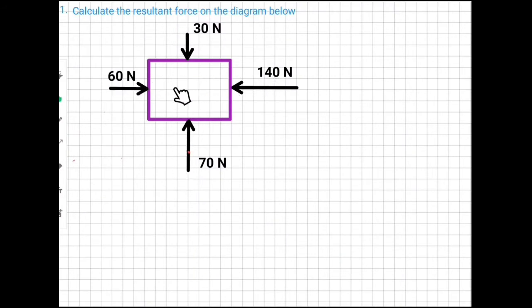So what if we calculated the sum of the forces along the horizontal, the x direction, and then the sum of the forces along the y direction? That would give us perpendicular vectors. And once we have perpendicular forces, we can easily use the top and trig technique. Sounds like a plan. Let's try that.